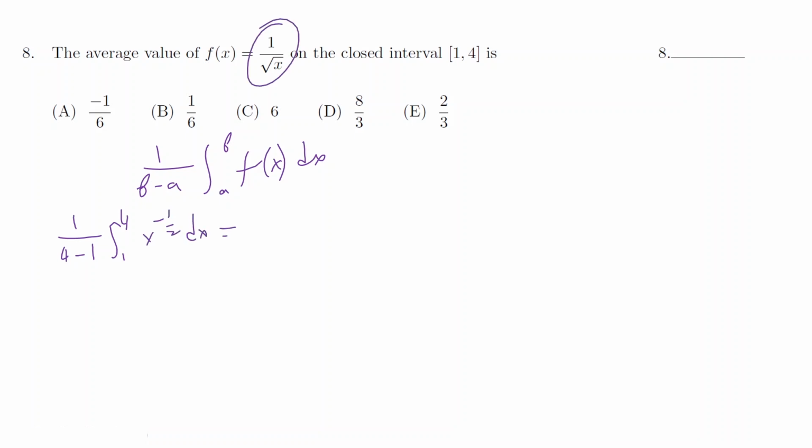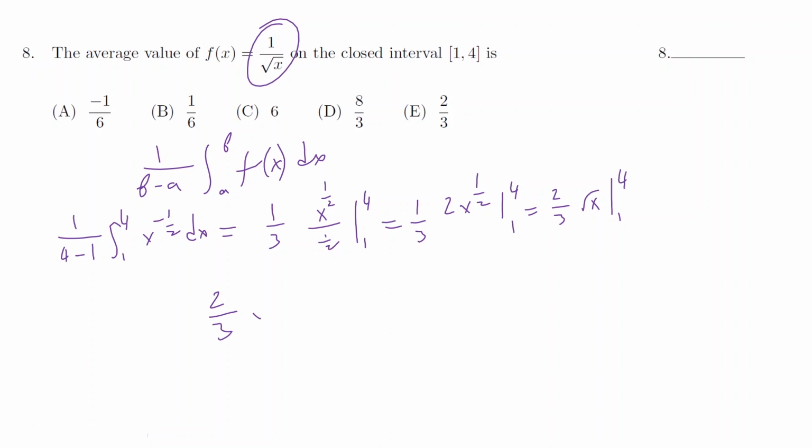So that's equal to 1/3 x to the 1/2 over 1/2, from 1 to 4. So that's equal to 1/3 times 2x to the 1/2. So that's equal to 2/3 root x from 1 to 4. So that's equal to 2/3 times root 4 minus root 1 in brackets. So 2/3 times 2 minus 1, which is equal to 4/3.